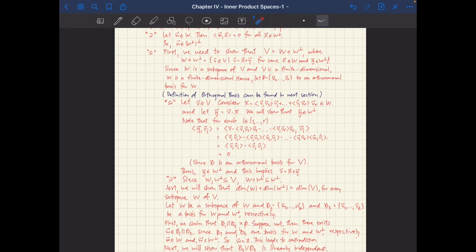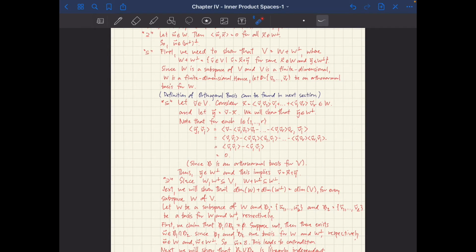First we need to show that a vector space V is the sum of W and W perp. What does it mean, the sum of W and W perp? It means that every element in V can be written as the sum of a vector in W and a vector in W perp.